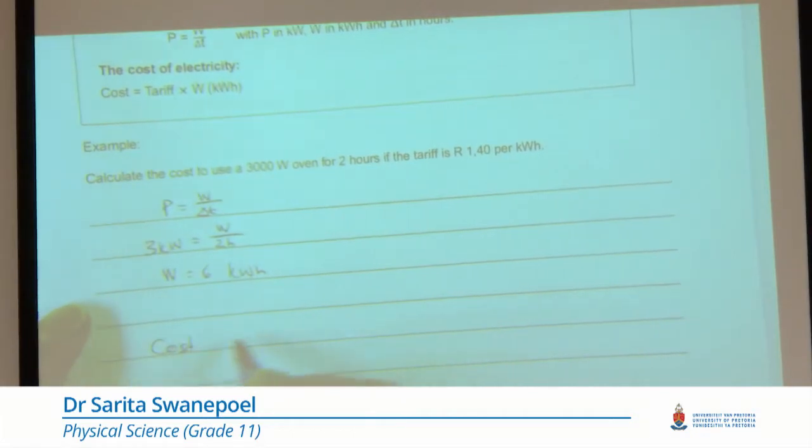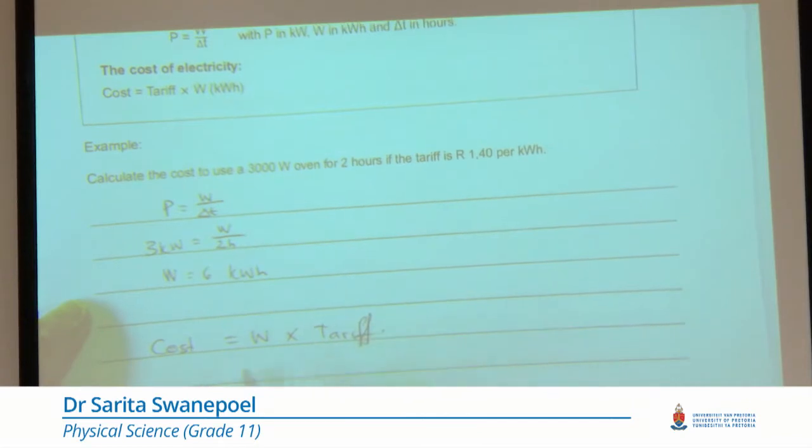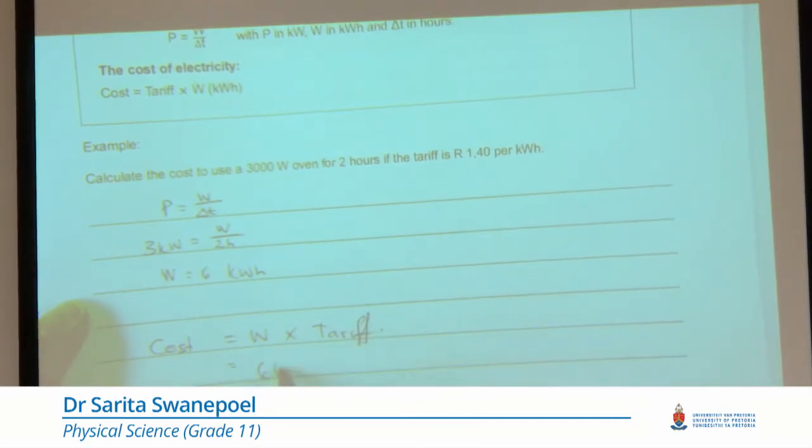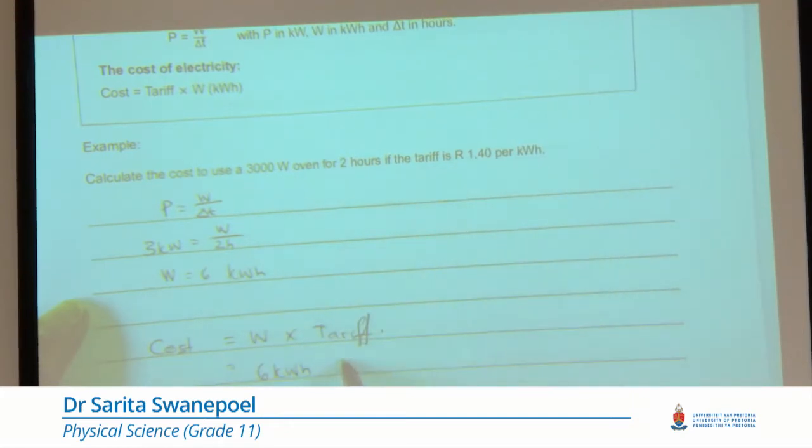Right. And then I'm going to say the cost is equal to the energy times the tariff. Right, and the energy being 6 kilowatt hours, right? And they told us that the tariff is 140 rand per kilowatt hour, right? So it's just 6 times 140, and then I hope you end up with 8 rand and 40 cents.